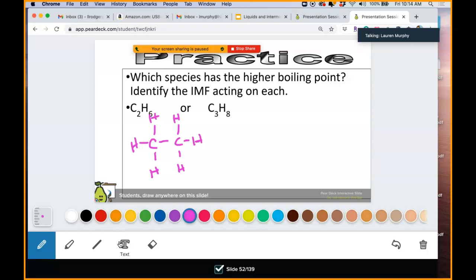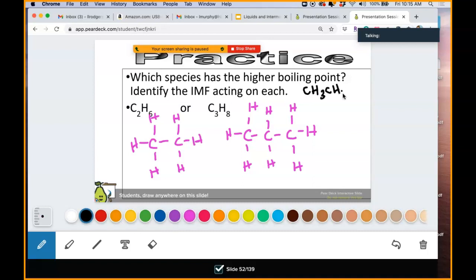They're just two different ways to write the same compound.